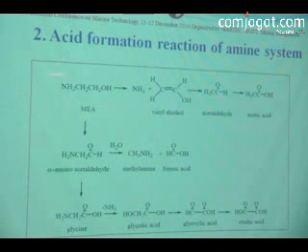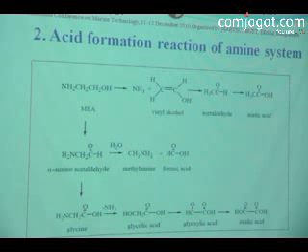The degradation produces aldehydes, acids, and ketones. Here we have acetic acid, formic acid, glycolic acid, and oxalic acid. These acids react with the amine, water, or other system chemicals and produce different types of salts, for example hydroxyethyl amine or hydroxyethyl oxamic acid.